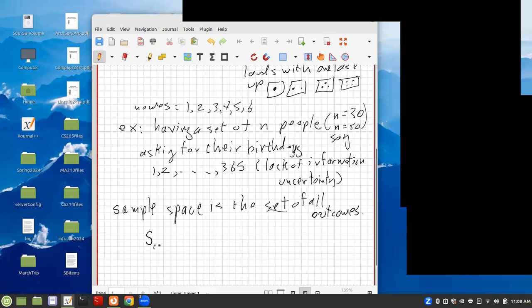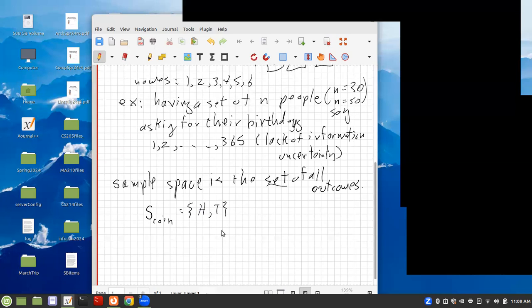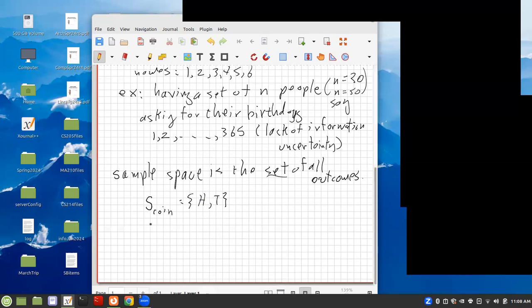So the sample space for the coin toss was the two element set H and T, where H is the coin lands heads up and T is the coin lands tails up. Then the sample space for the six-sided dice is 1, 2, 3, 4, 5, 6.